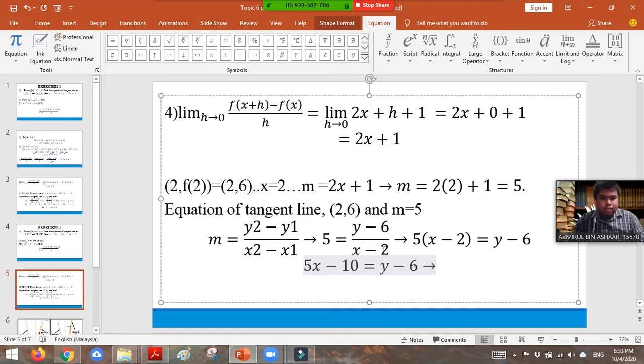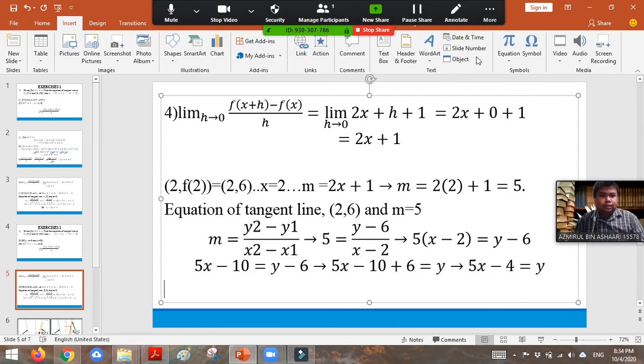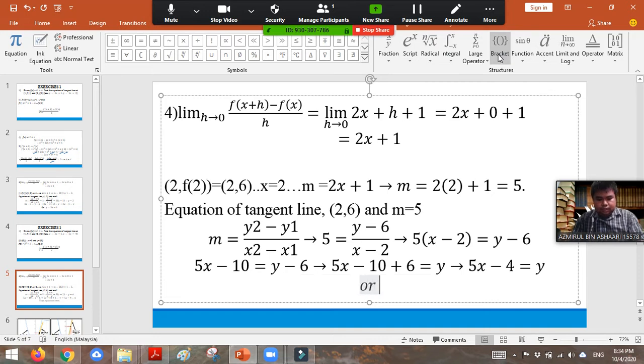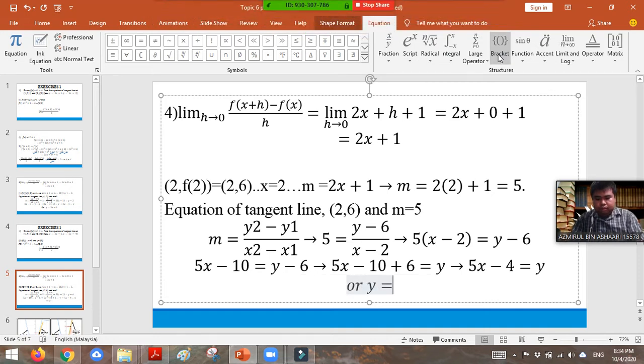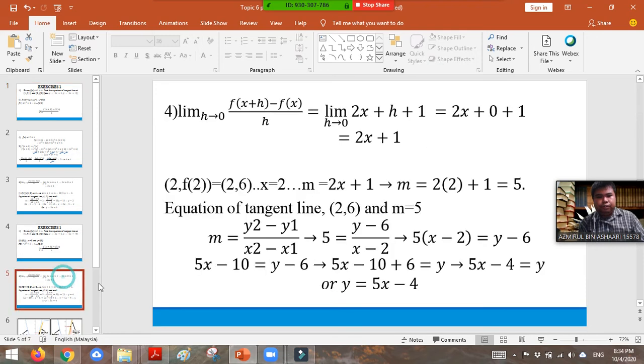After that, I move 6 to the other side, it becomes 5x minus 10 plus 6 equal to y, and then you will get 5x minus 4 equal to y, or you can say y equal to 5x minus 4. Okay, y equal to 5x minus 4.